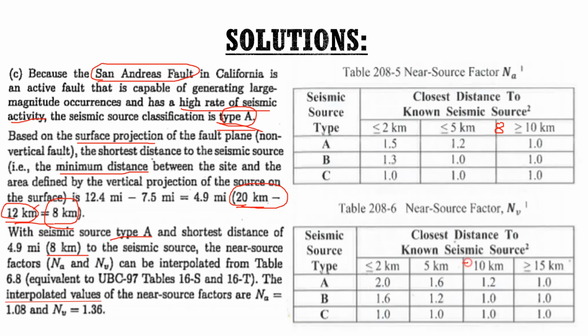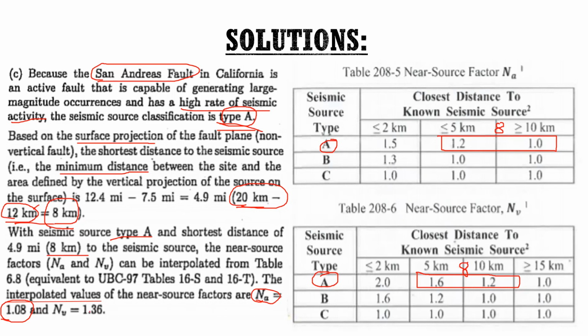So we interpolate the two values, guys. For NA, seismic source type A, interpolate between 1.2 and 1. For NV, interpolate between 1.6 and 1.24. The result, guys, is this: NA is equal to 1.08.